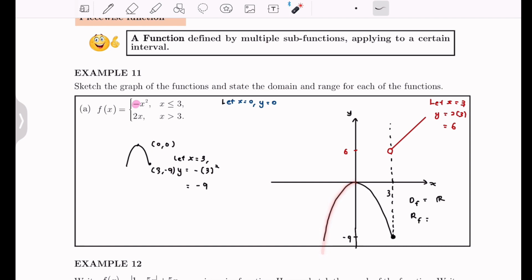So from 0 to 6, we don't have any graph. We will only have graph starting after 6 onwards. So the range will be from negative infinity up to 0, inclusive, and then round bracket at 6, because we have an empty circle at 6, to infinity.